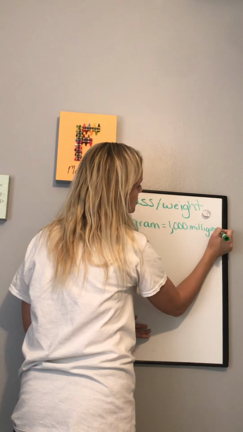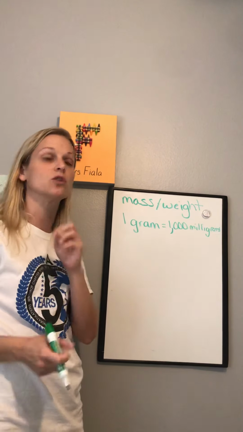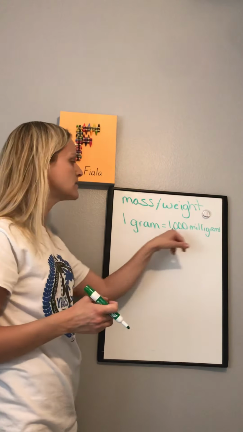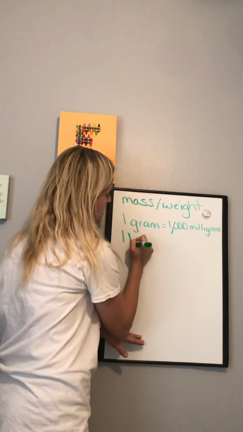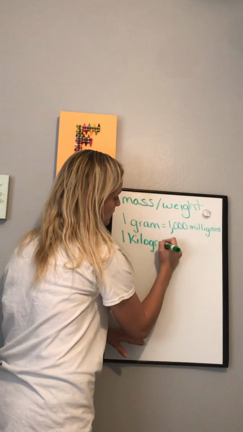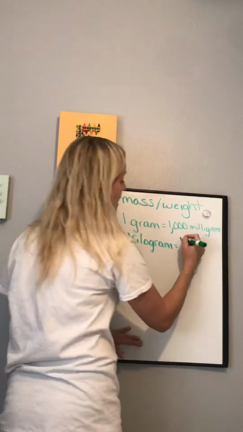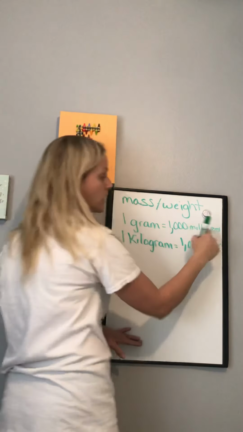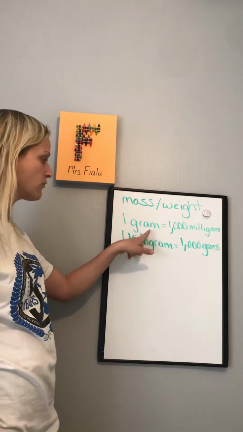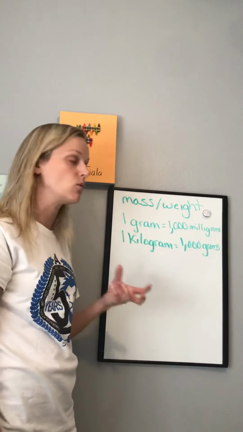Okay, so now we should start kind of seeing a pattern here. Those milli ones are the smallest unit. Those are the really tiny ones. So 1 gram is equal to 1,000 milligrams, and 1 kilogram is equal to 1,000 grams. So for this, our milligrams is the smallest unit, then we have grams, and then we have kilograms. So that's the really, really heavy, okay?